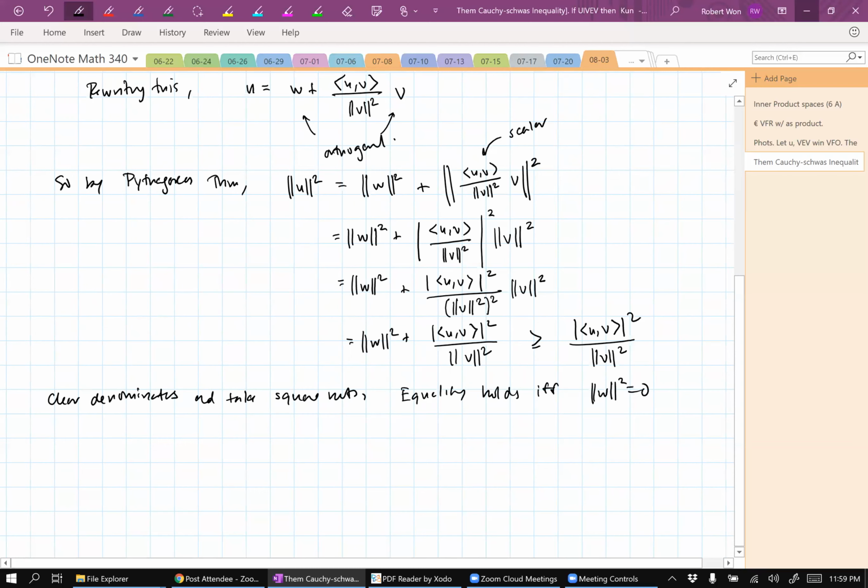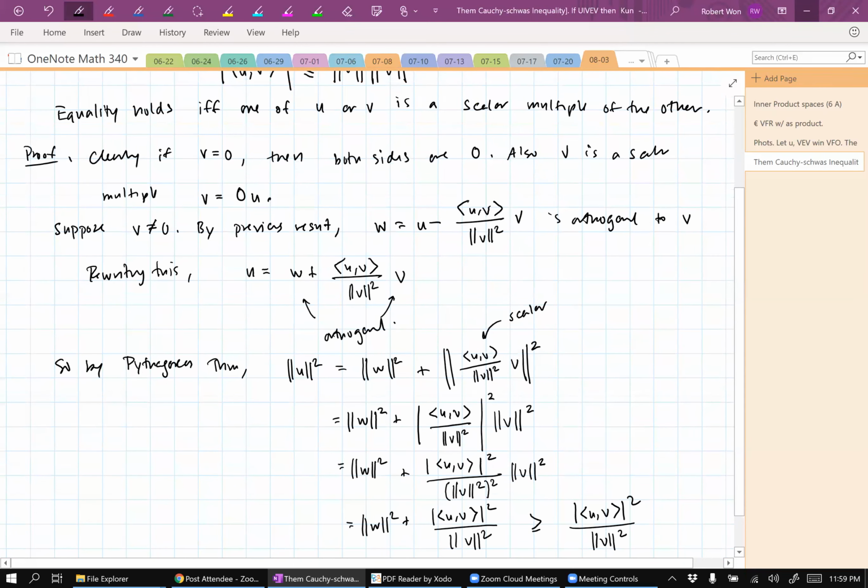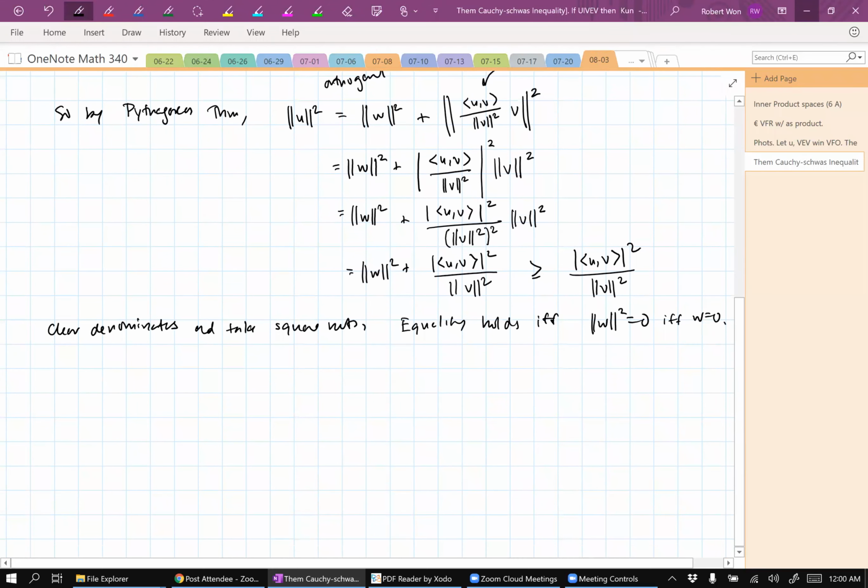That's the only thing that we dropped in this last line, which happens if and only if w is 0. But if w is 0, going up here, if you put w equals 0, it just says that u is a scalar multiple of v. So actually it's if and only if, right?